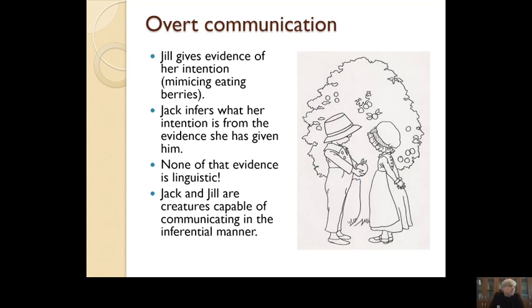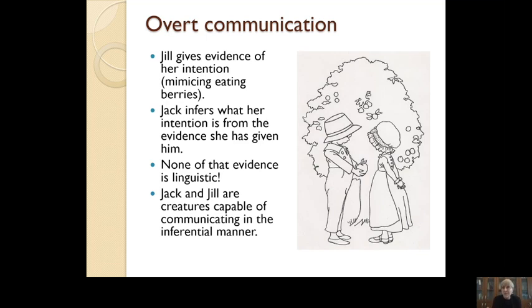Or if I shrug my shoulders, then you may conclude that I do not care. So you are capable of inferring what my intention is from the evidence I have given. Could you please notice that whatever I produced or whatever Jill produced is not linguistic?